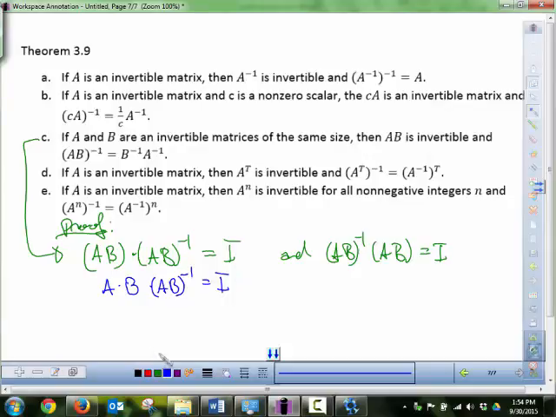Now this is the tricky part: A and B are invertible, so I know that A inverse exists. So I can multiply this by A inverse on both sides.